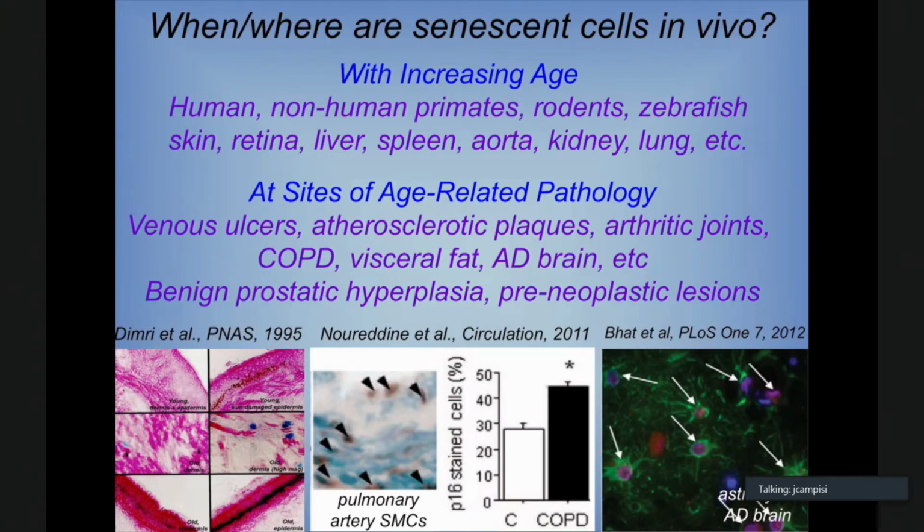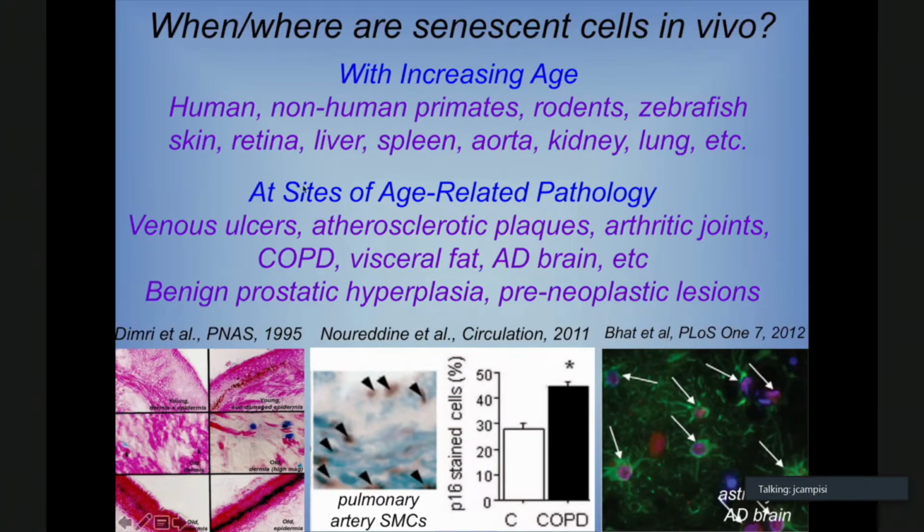And there will probably be some papers coming out in the next year or so showing that even in selected invertebrate species like Drosophila, for example, there may be certain tissues that seem to acquire cells with a senescent phenotype. Certainly in vertebrates, they increase with age in virtually every tissue that has been examined, including tissues we typically think of as being postmitotic, like the brain.